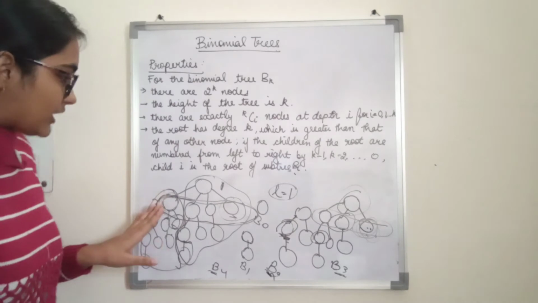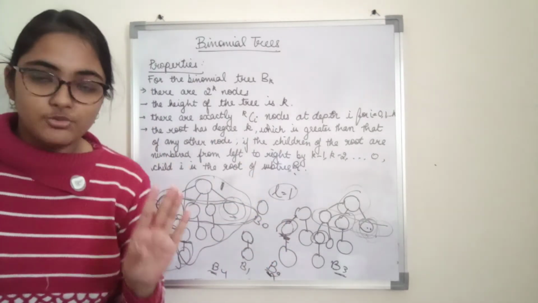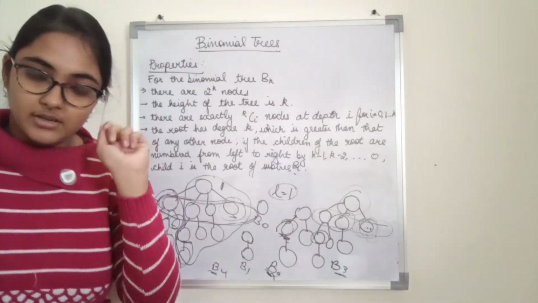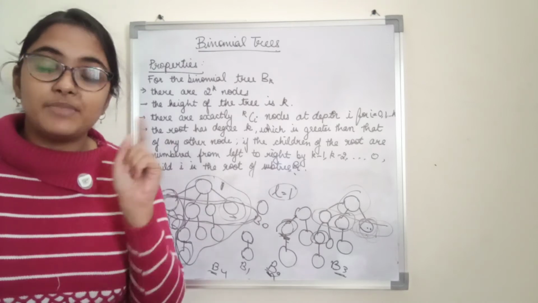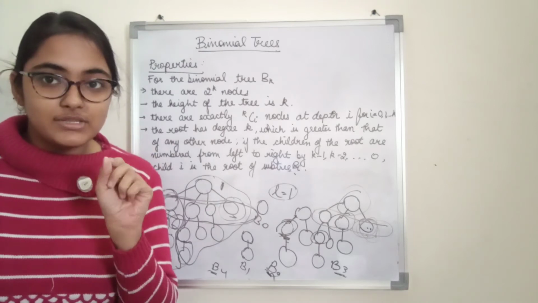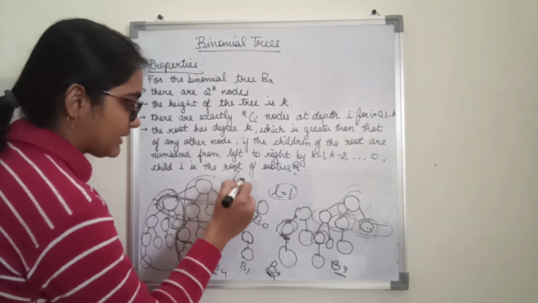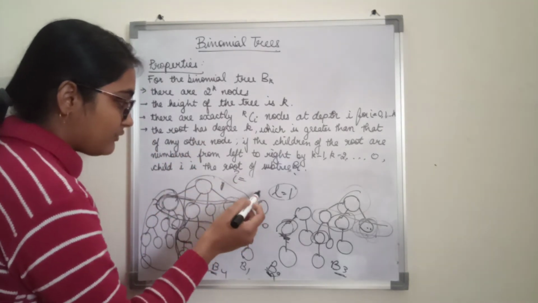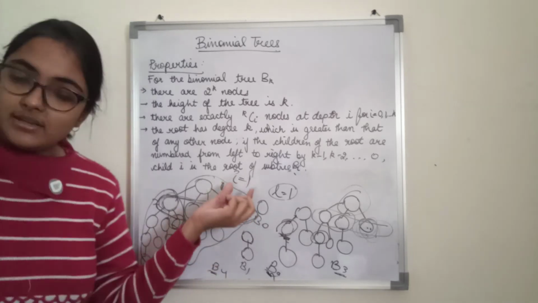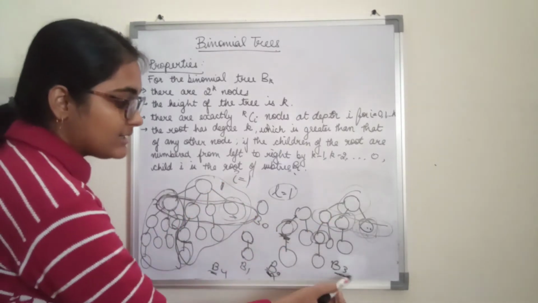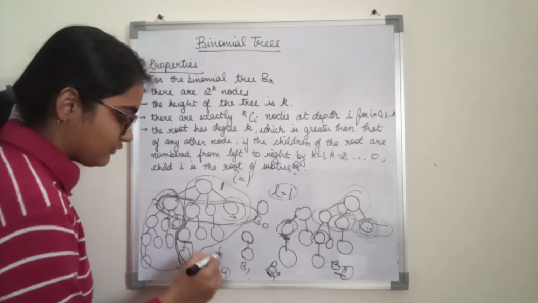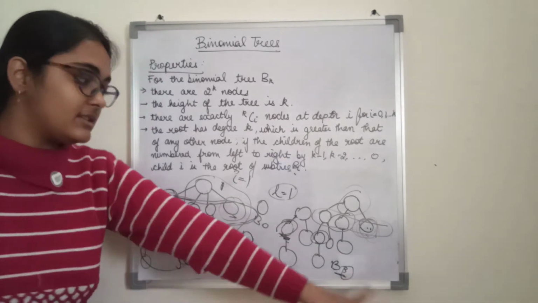Got it? What I mean to say is the number of nodes at depth i in b(k) is the number of nodes at depth i in b(k-1) plus the number of nodes at depth i minus 1 in b(k-1). So what is i here? Let us talk about the number of nodes at depth 1. i is 1, k is 4, and k minus 1 is 3 now.